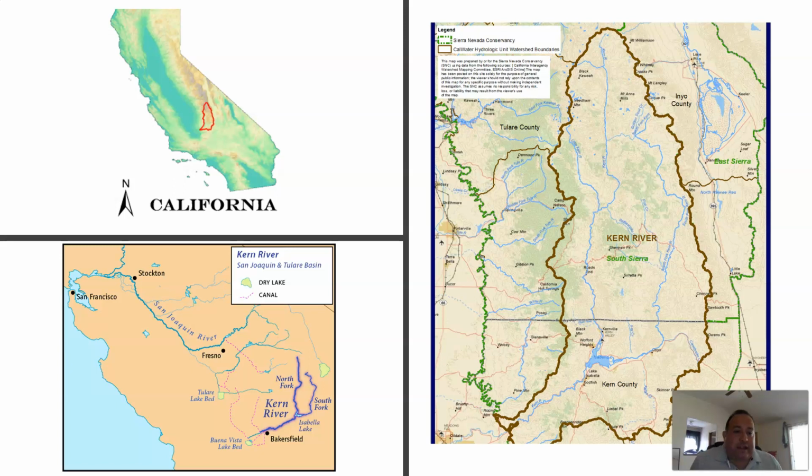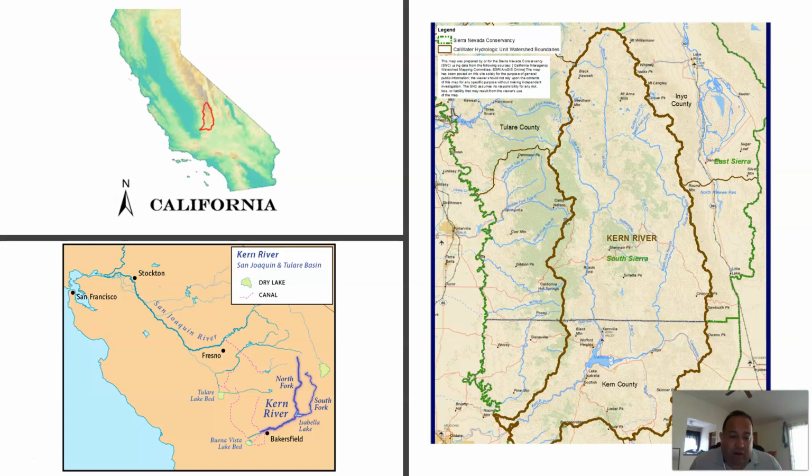If you look at the top left here, that's an outline of the Kern River watershed and where it is within California. On the bottom left, you can see it has a North Fork and a South Fork. They meet in the Lake Isabella area, and that's why we decided to turn that into a reservoir, because it's the meeting of the North Fork and the South Fork.